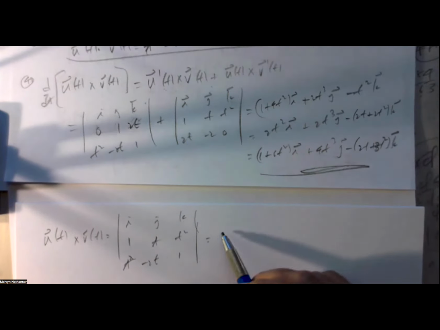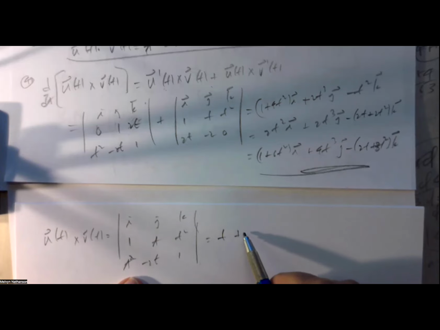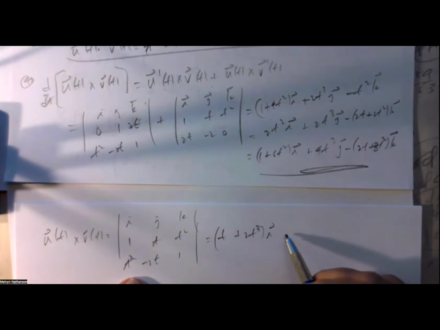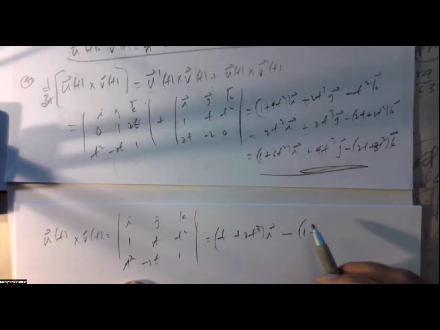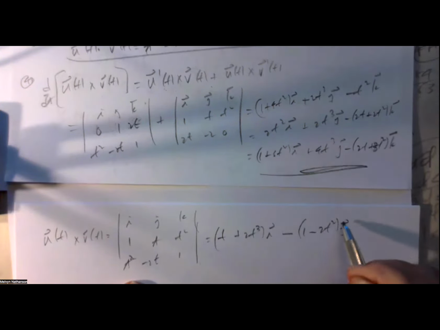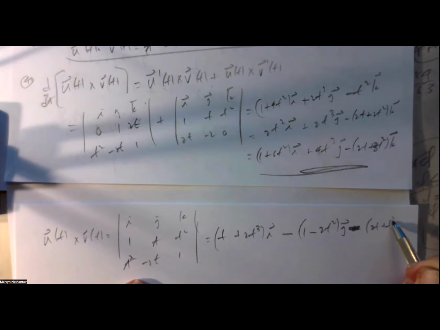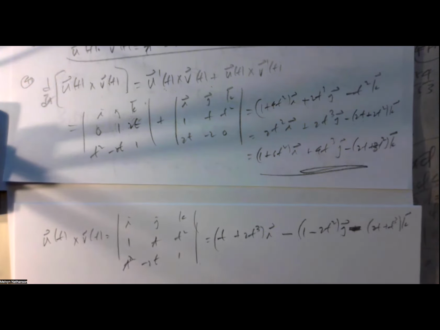So this is equal to t plus 2t cubed i, minus 1 minus 2t squared j, plus minus 2t minus t cubed, so that's minus 2t plus t cubed k.